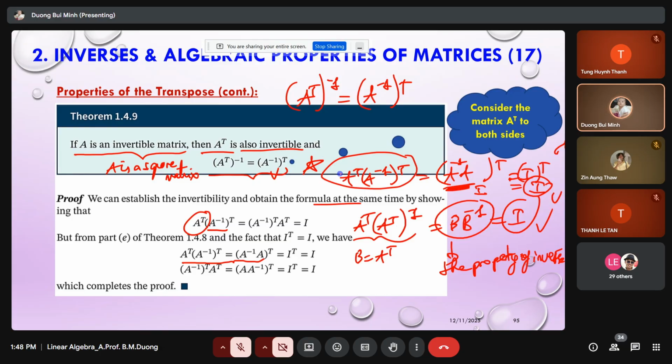So here, this is equation one, this is equation two.